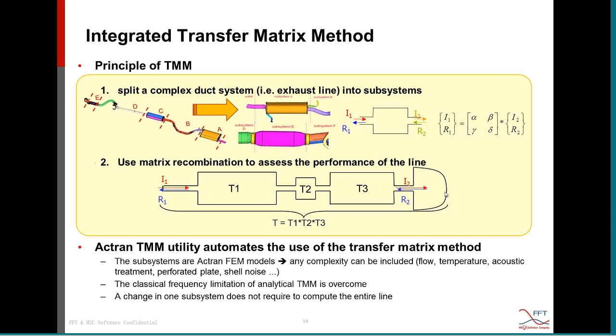The Actran TMM also overcomes the frequency limitations, the 1D limitation that is present in many classical TMM implementations. And from a design point of view, if we change the design of one component, we don't need to recalculate the whole line, so that design changes can be done efficiently and quickly.